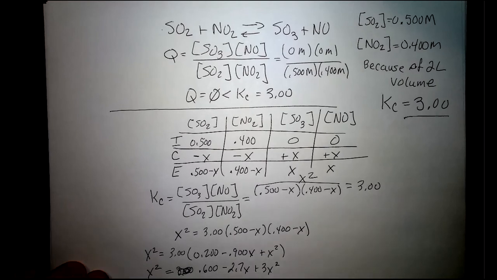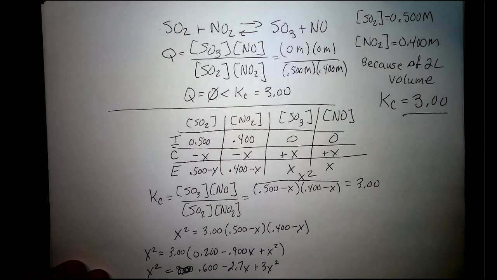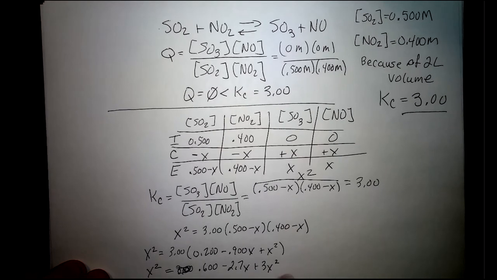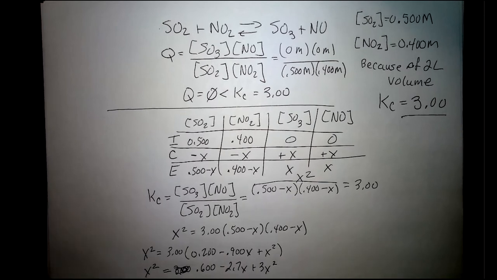Now, get everything on the same side. I like to keep my x squared positive, so I'll move this over there and flip it. So subtract that, and it'd be 2x squared minus 2.7x plus 0.600 equals 0.